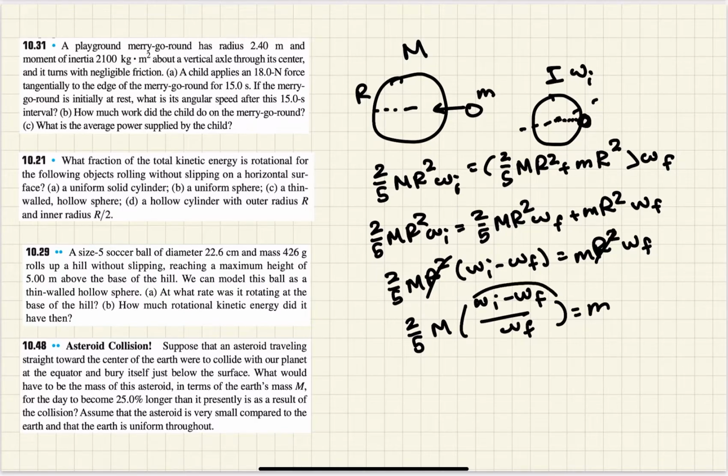Now, if we just solve for what this is, we can get lowercase m in terms of uppercase M, which is what we want. How do we solve for that? Well, that's where the day becoming 25% longer comes in. It might not be obvious at first, but the length of the day is going to be 2 pi over the angular velocity. Why, you may ask? Well, the angular velocity is how fast it's spinning, and if it spins 2 pi radians, that's one entire revolution.